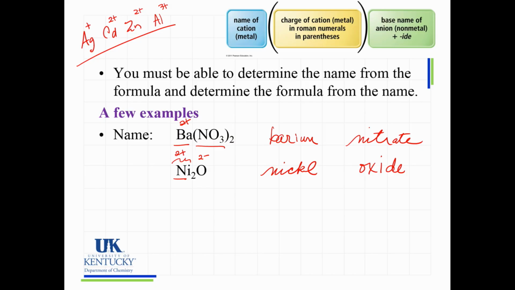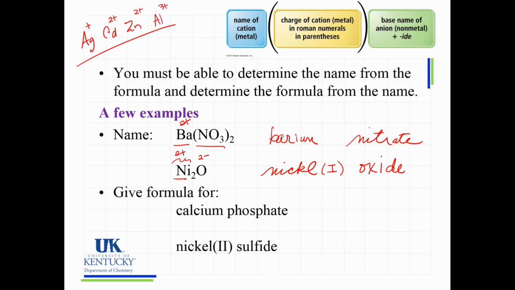But we don't put a Roman numeral 2, because what we want to know is the charge on each nickel, not the charge on the whole group of nickels. If there's 2 nickels and combined they have a +2 charge, then we have to know that this is going to be a Roman numeral 1. Each nickel has a +1 charge. There's 2 of them, so it's a +2 charge to balance it out. So this would be called nickel(I) oxide. That's how we would say that.